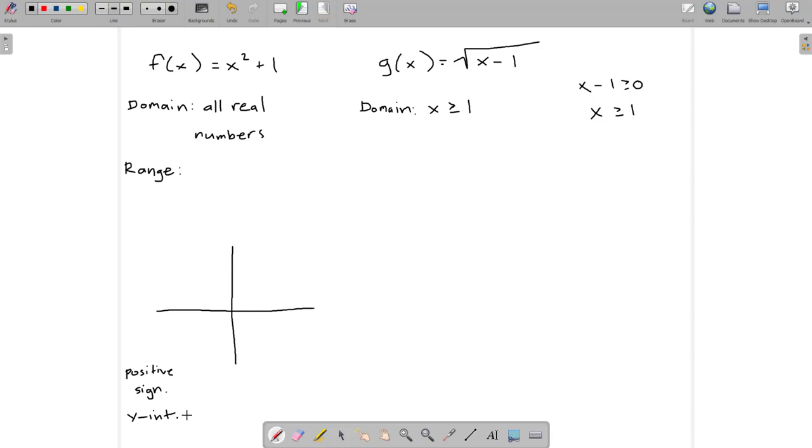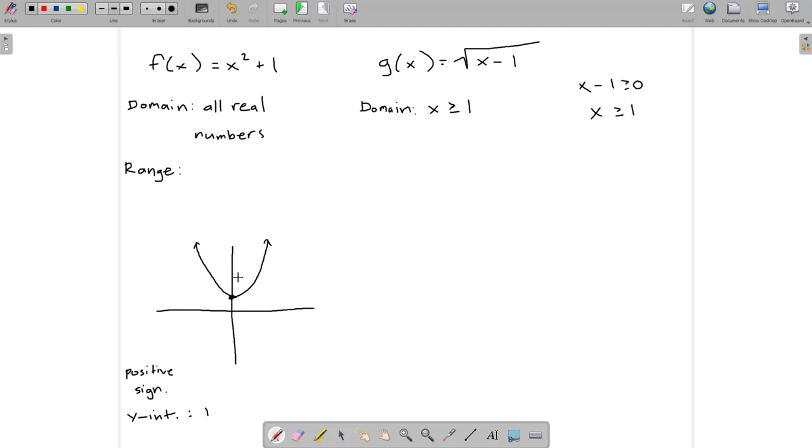And so you can see that your y-intercept has to be at 1. So you can plot that. That's where your graph intersects the y-axis. And then it has to be symmetric about that point there. So it's going to be something like this. And this one goes up to infinity on both sides.